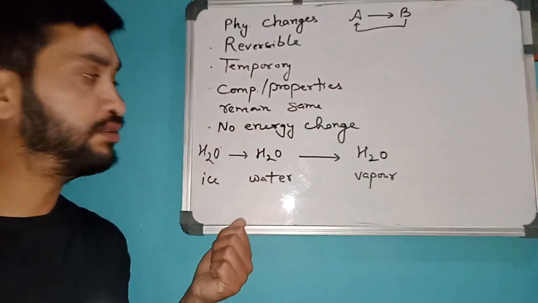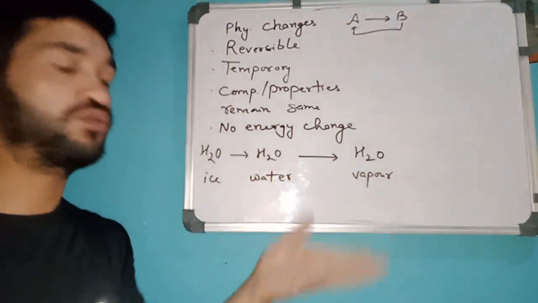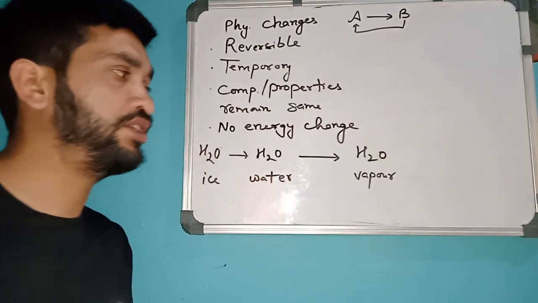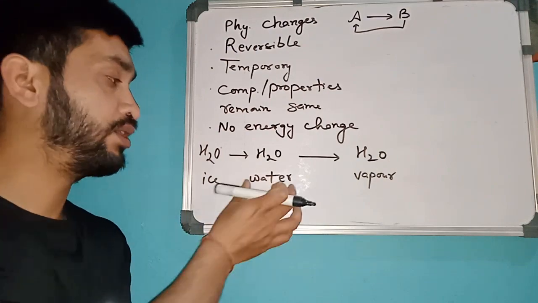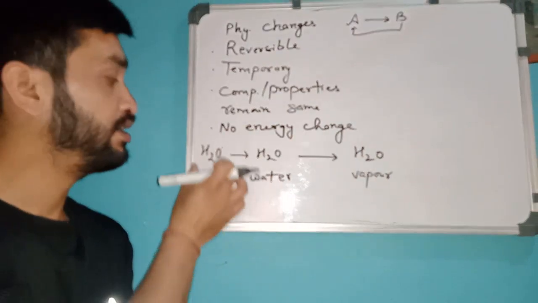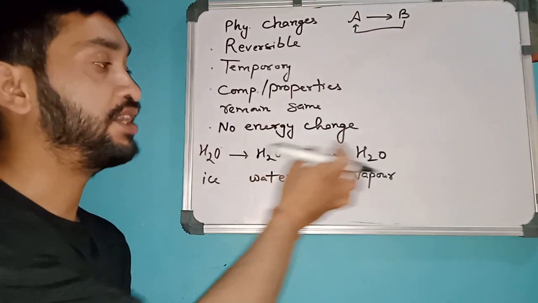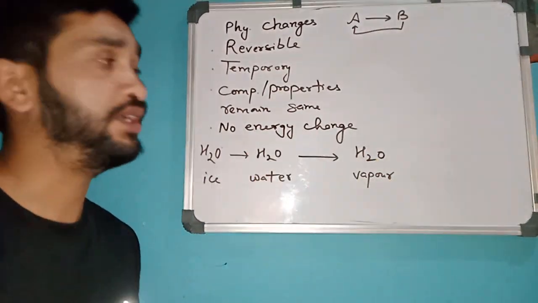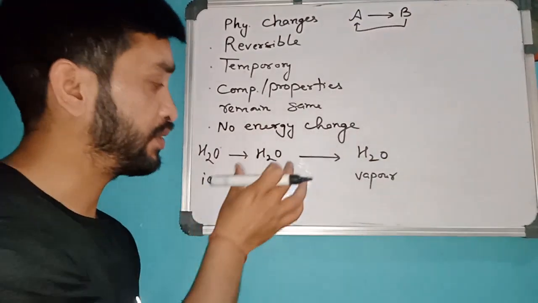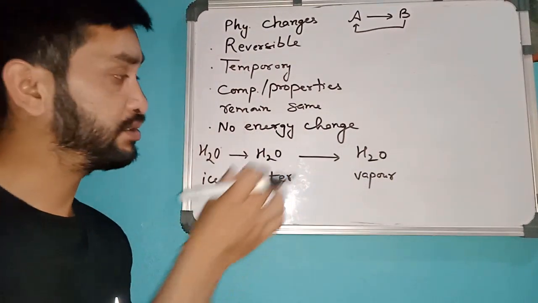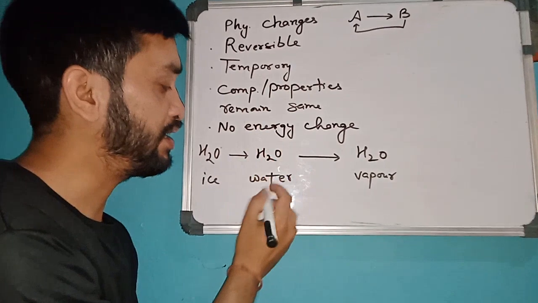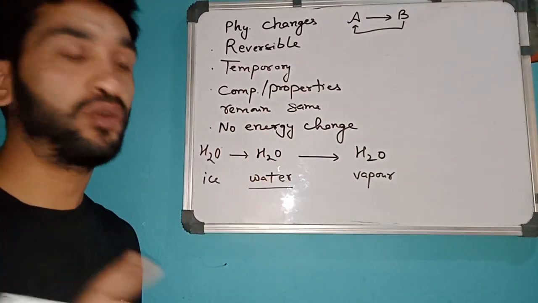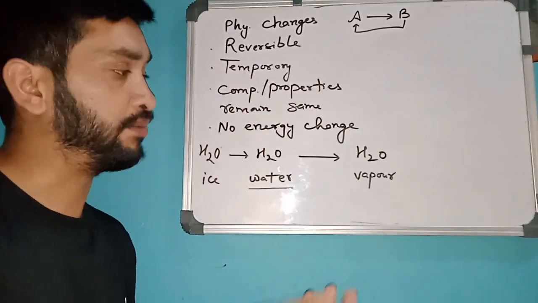Ice is also water, and H2O vapor is also water, although it is in vapor state, it is just like water only. Why am I talking only about water? Why am I not saying that H2O is ice? Because mostly when we see this compound H2O, it is normally seen as water. That is why I'm not using any other name. All the names are the same.